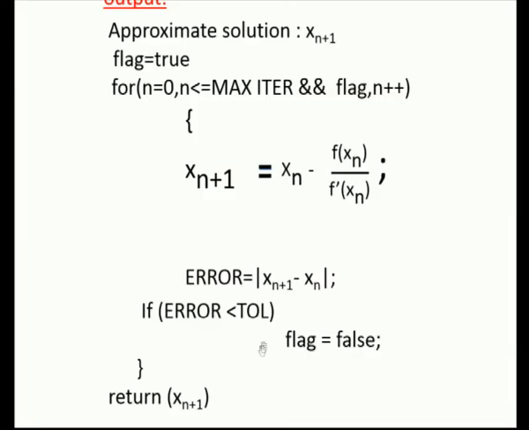When 2 consecutive iterations are very close, within the tolerance value, then the flag value will be false, and now this Boolean expression is evaluated. Once it becomes false, the control will exit the loop and go to the return statement. That will give you the approximate root of the solution.